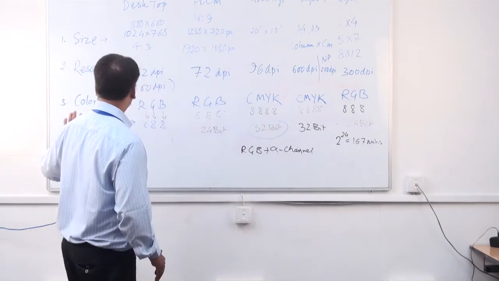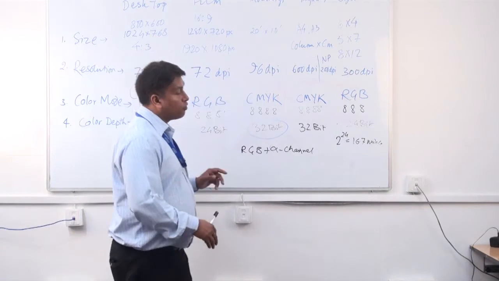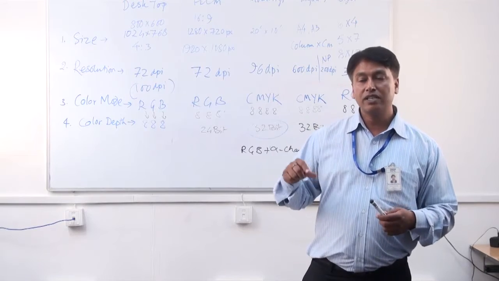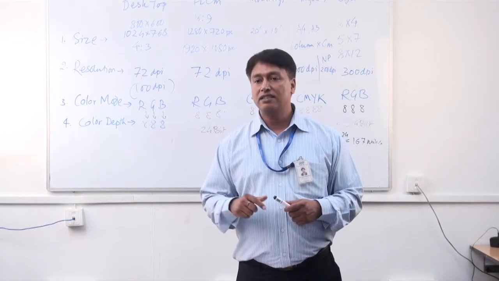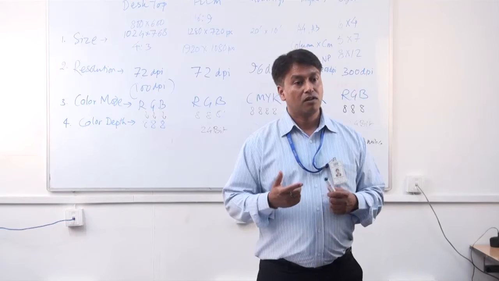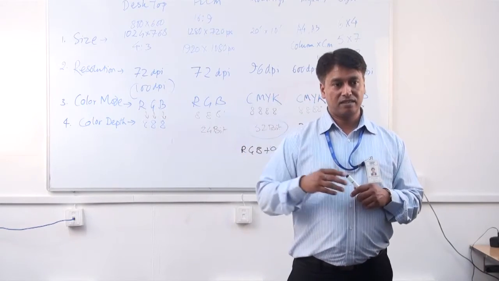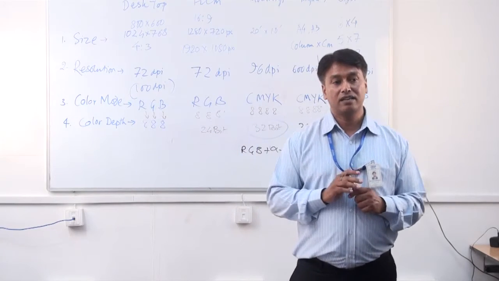So color mode was the fourth part. Any other method of reducing the file size, optimizing the file size? Optimizing means how much is required, we generate that much, not beyond that or below that.